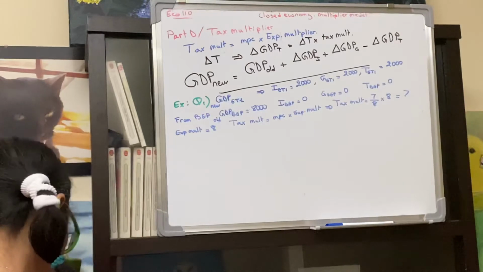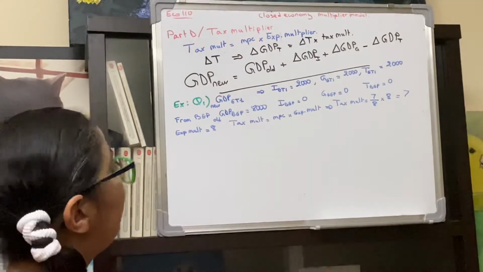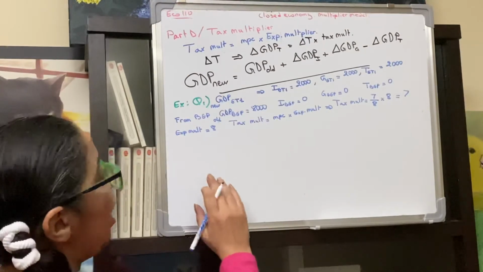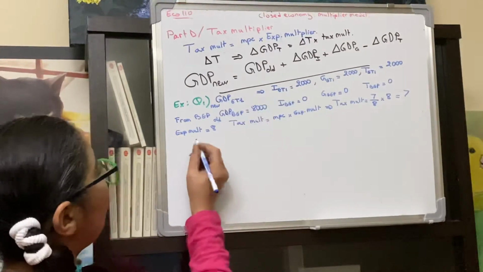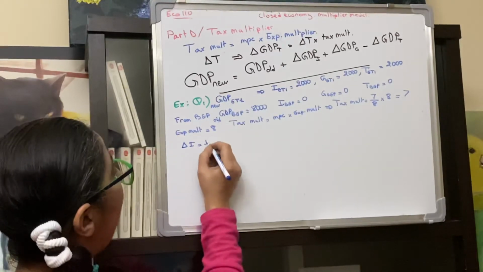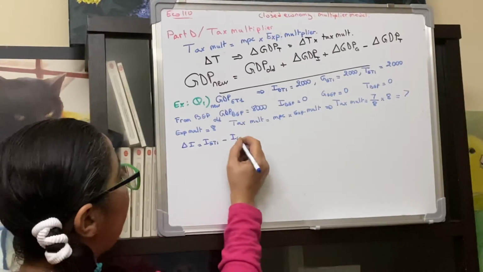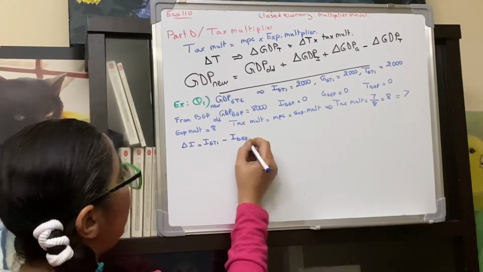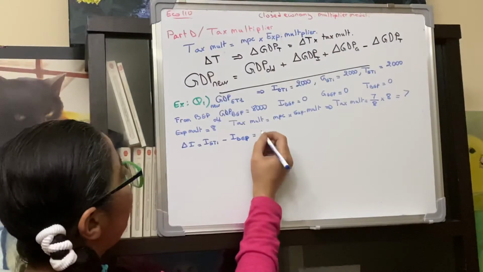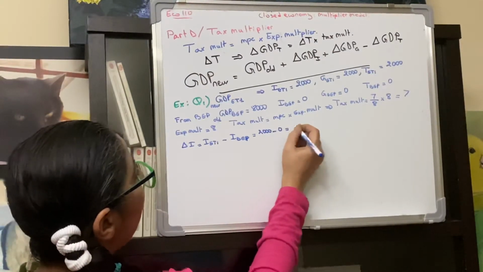Now let's move to calculate. I'm going to use another pen because this one doesn't write anymore. Okay, I'm going to start with delta I. Delta I is equal to I at ET1 minus I at BEP, which is equal to 2000 minus 0, which is equal to 2000.